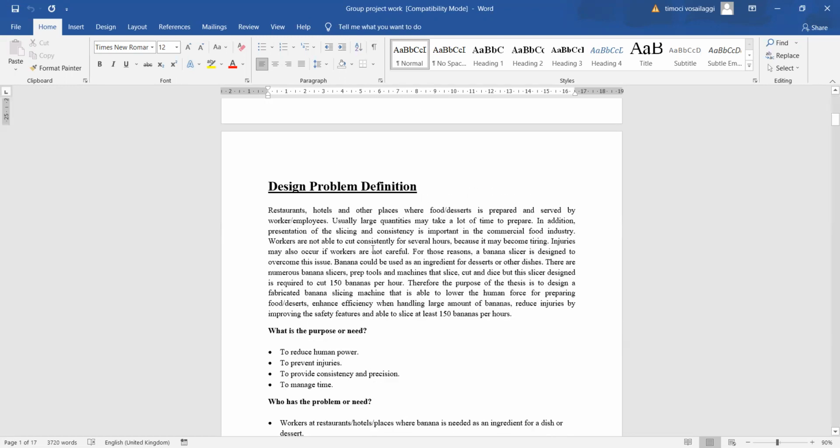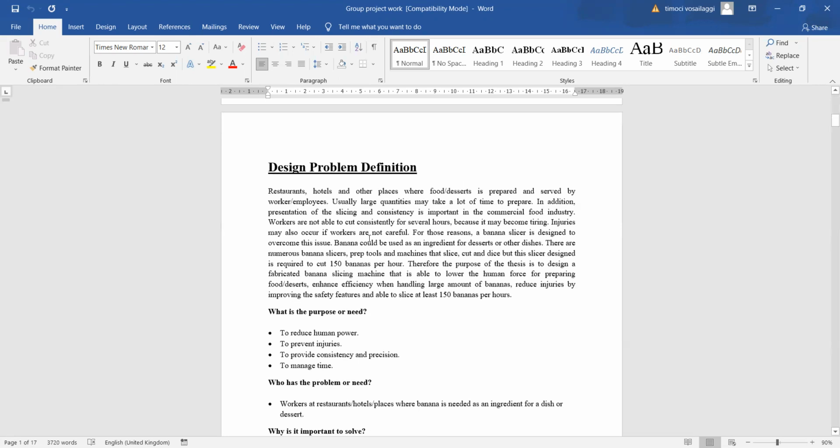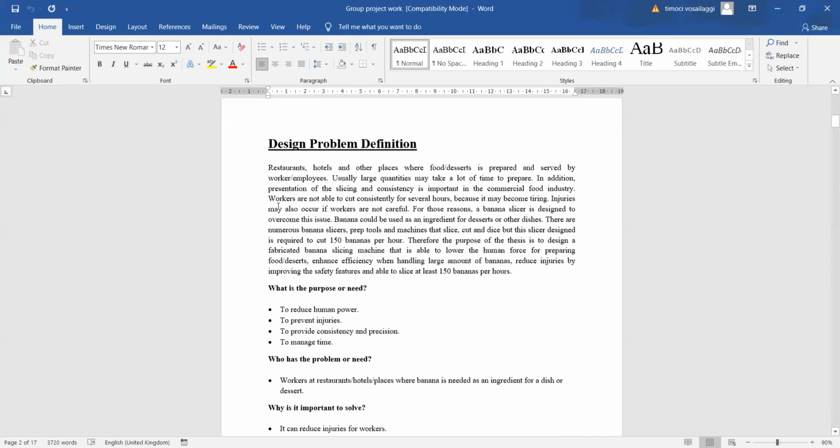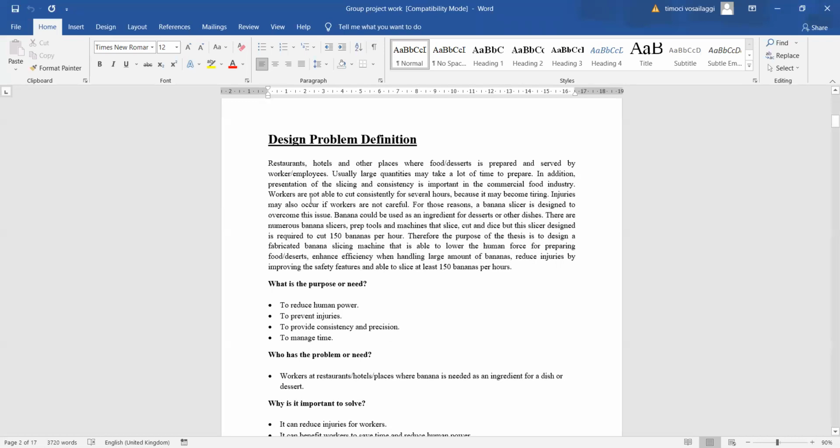So design problem definition. Is this your problem statement? You can unmute your mic and speak if you'd like, if typing is a bit of a hassle. Yes, sir. Okay, great.